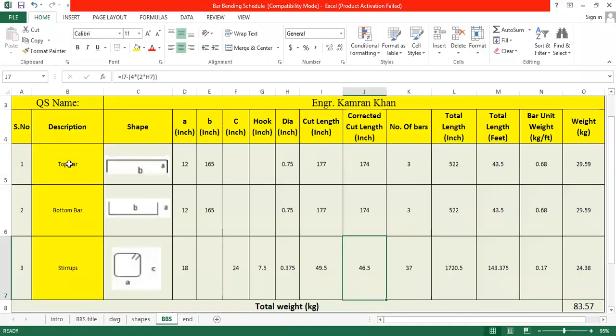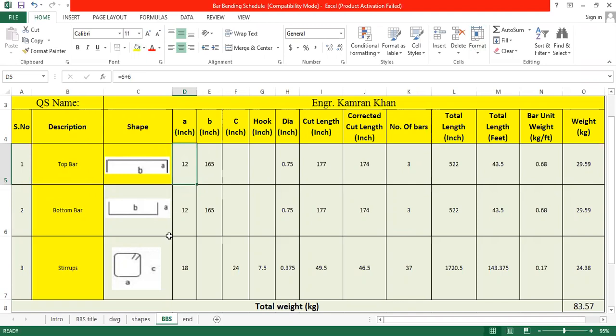Guys, let us discuss the top bars first. The shape of the top bars is like this, you can see over here. In this, A represents this vertical portion and B represents this horizontal portion. So now what is the length of A? The length of A is 12 inches.